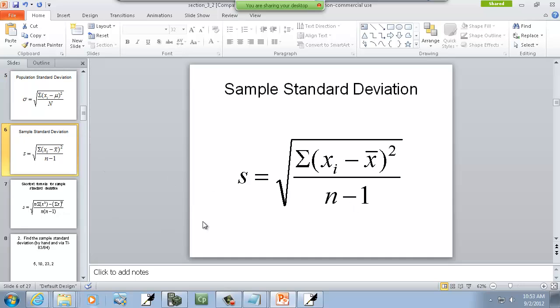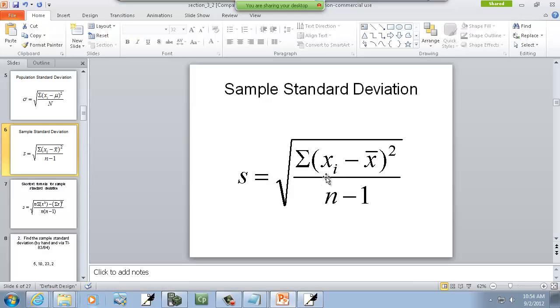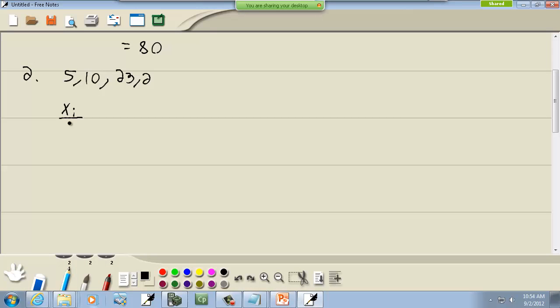So let's look at this one. First thing, our x values. The x sub i you see right here, the i represents you could have 1, 2, 3, 4, however many data points. So we're going to have 5, we'll have 10, we'll have 23, and we'll have 2. Okay.